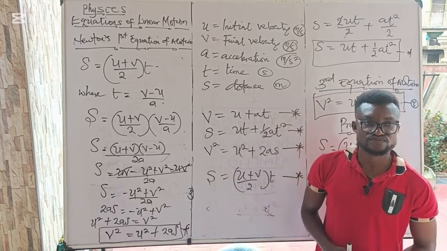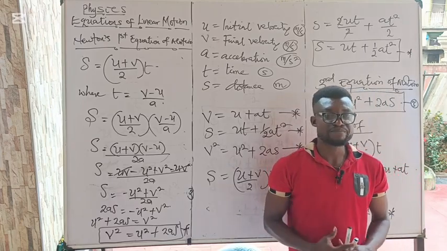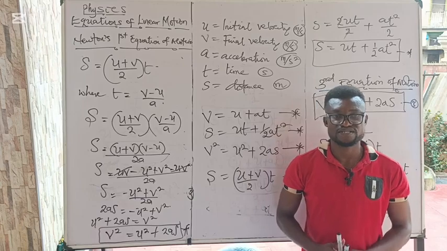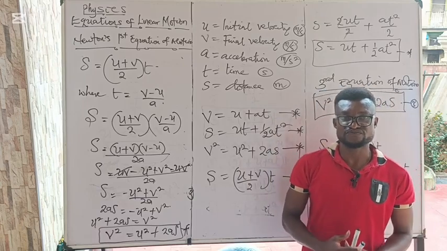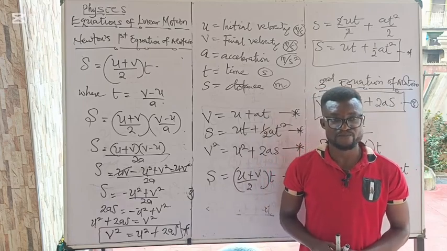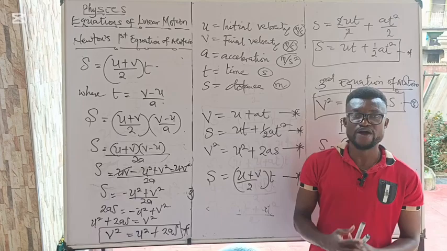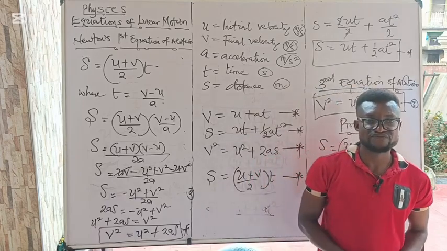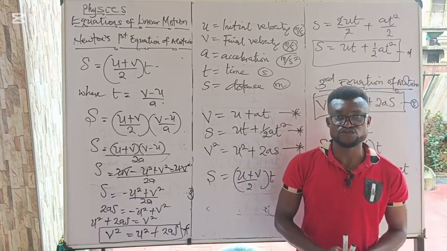Number 2, when a body comes to rest or stops, its final velocity v equal to 0. I repeat. When a body comes to rest or stops, its final velocity v equal to 0.